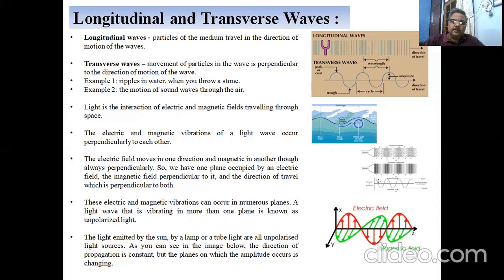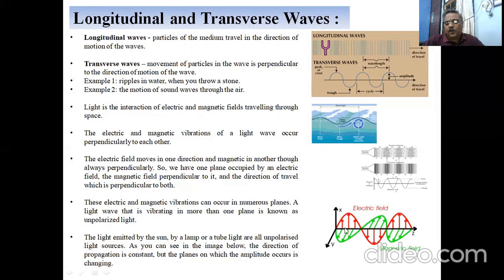See, the primary requirement for a transverse wave is that the vibration should be in a direction perpendicular to the direction of propagation. If we consider a three-dimensional coordinate plane, then we can see that we have three directions, x, y, and z.